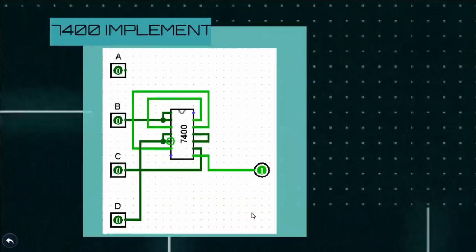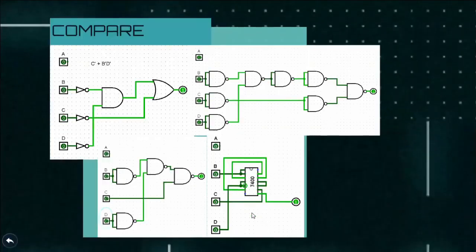So let's compare what we got here. We started with this design that resembled our equation. We have the inverters, we have the AND gate, and we have the OR gate. Then we needed to translate that to use NAND gates. They are the most optimal gates to be used in this technology that we're going to implement, and we did it.